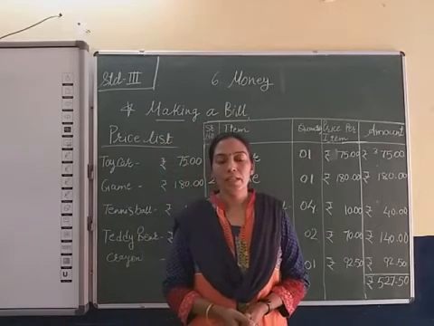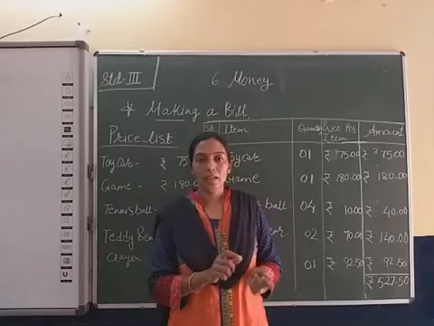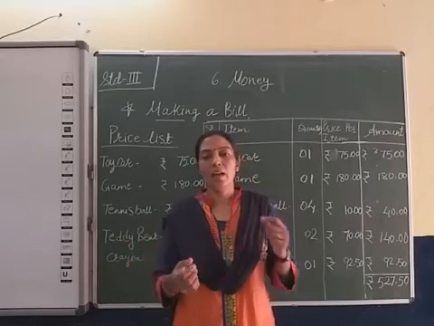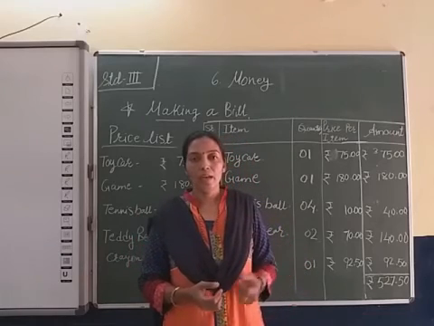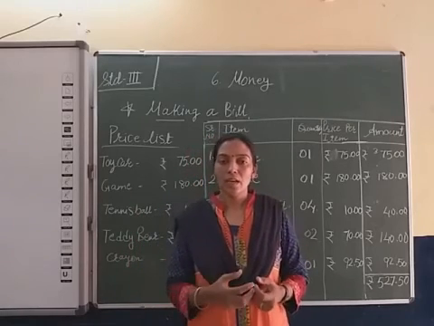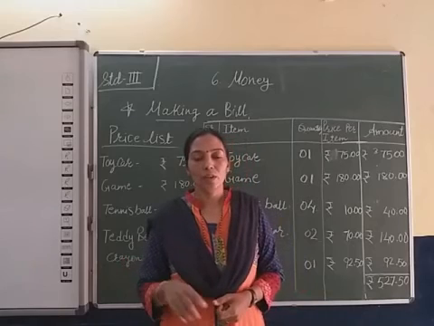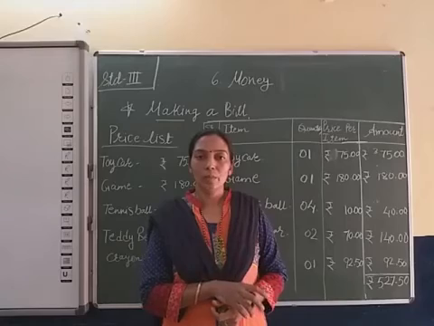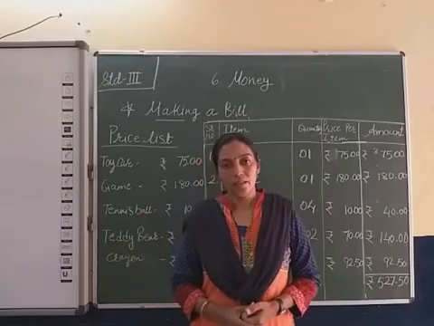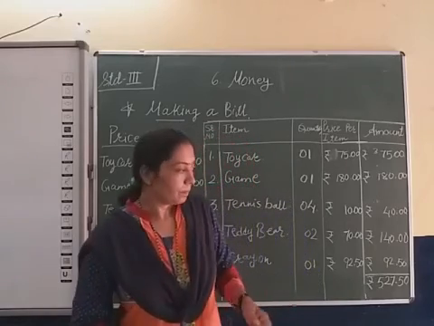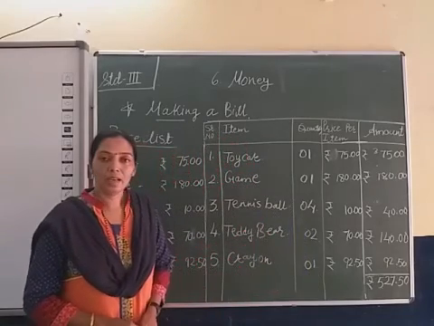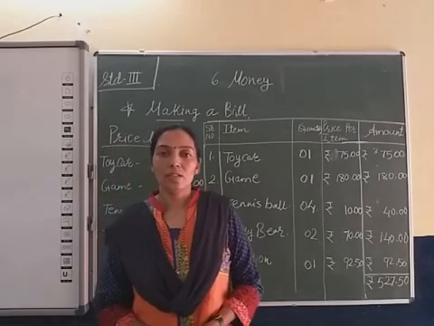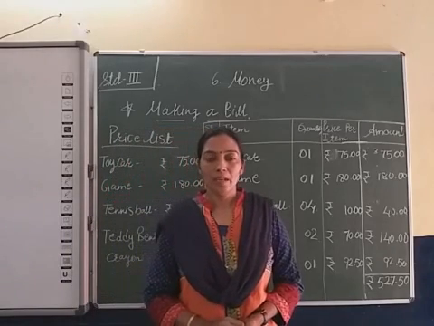Then we saw the expanded form of rupees, where objects are given and we have to match the amount, and we have to find the rupees, matching the denominations of the notes given. And lastly we saw making a bill. So students, do the practice in your textbook and notebook, and make the concept clear.